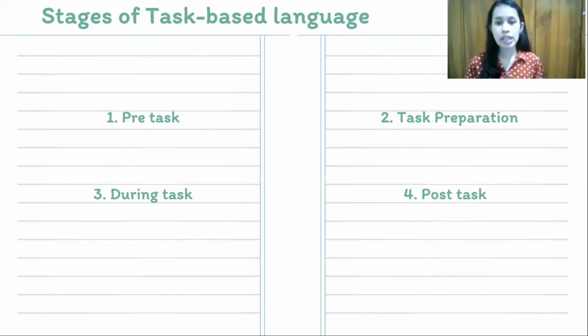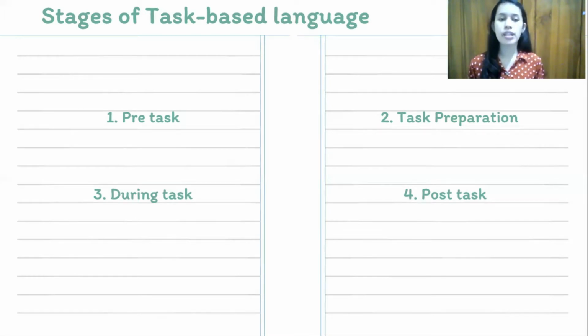And then the second stage of the TBL method is called the task preparation. In this step, the teacher prepares the students to complete the upcoming task. The teacher gives clear instructions and clear direction about what they have to do in the next stage.